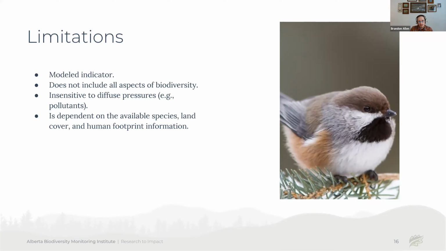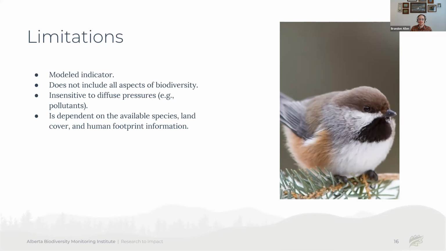And with any modeled indicator, it's dependent on the available species and remote sensing data that you have access to. I think anybody who has done wildlife surveys knows, as much as we like to think that they are 100% accurate all the time, things happen. Methods are not always 100% precise. Remote sensing data are really accurate, but often not 100% accurate.